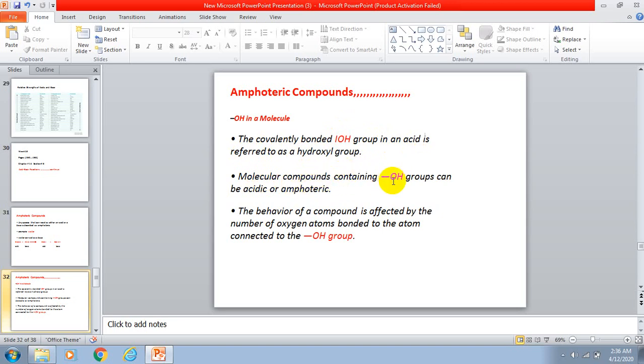Molecular compounds containing branched OH groups can be acid or amphoteric. The behavior of a compound is affected by the number of oxygen atoms bonded to the atom connected to the OH group. Remember this. How will you identify the amphoteric compounds? From this OH. If this is attached, we will call them hydroxyls as well. And this is the main sign for the amphoteric compounds.